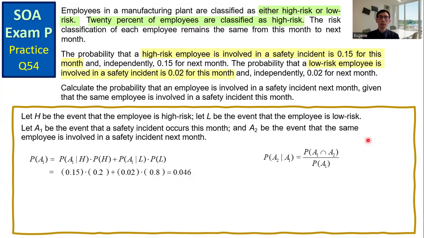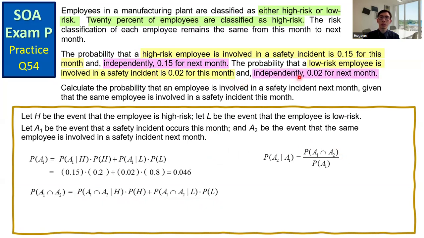And then we compute the probability of A1 and A2. Again, by the law of total probability, we have this expression. Next month, the probability that a high-risk employee has a safety incident is 0.15, which is independent regarding the event this month.